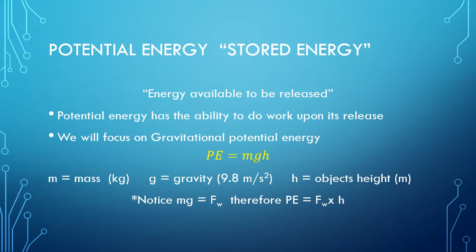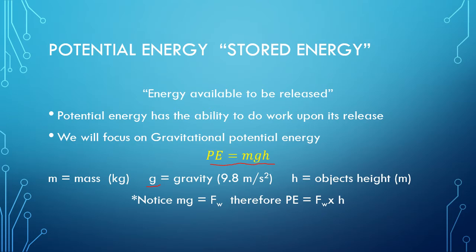When we look at potential energy in this chapter, we are going to focus on gravitational potential energy. So what that means is objects that can fall, essentially. If we're looking at gravitational potential energy, we need gravity. So gravity, 9.8 meters per second squared, will be used in these equations.